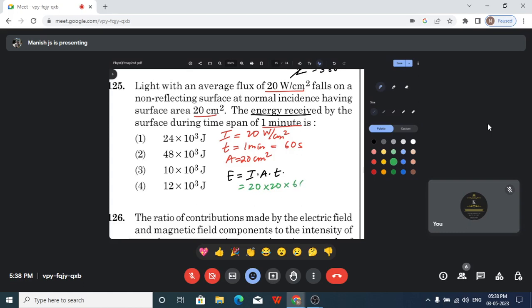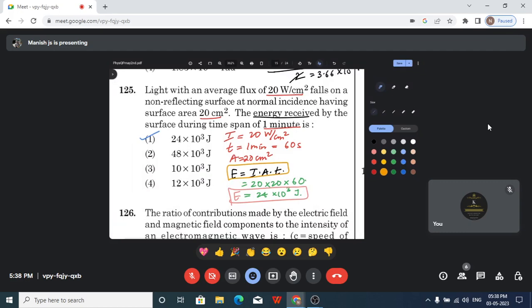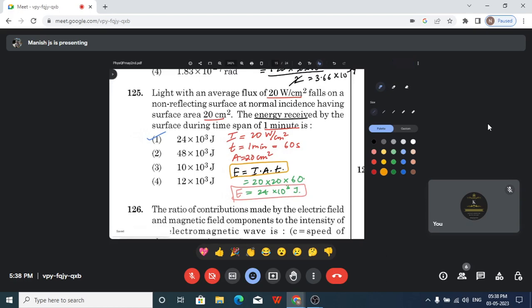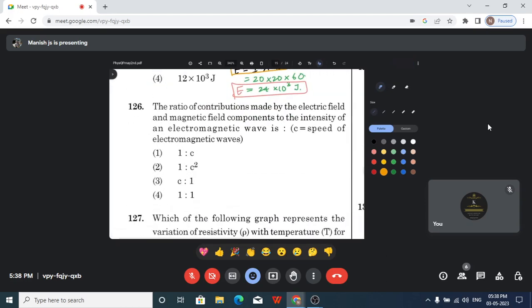Time is 60. 2 fours are 8, 4 sixes are 24, into 10 to the power 3 joules. So the answer is option 1. The formula which we used here is E is equal to IAT, where E is energy, I is intensity of light radiation, A is area, and T is time. So that needs to be remembered. Moving on to the next question.